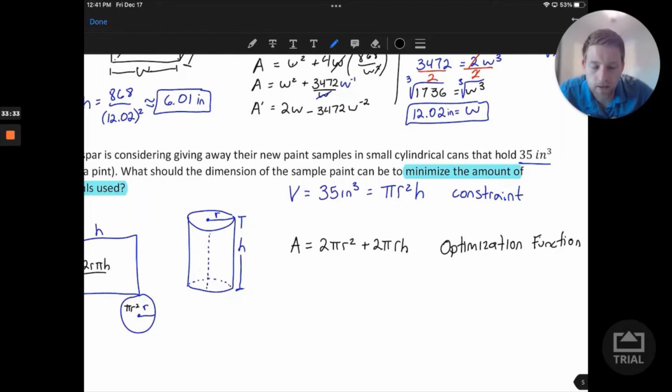To do that, I think we're going to use another substitution technique. It looks like the value that we could probably eliminate in the area equation is h. So I'm going to use that constraint to solve for h to be able to substitute. Just looking at this, I think I can divide both sides of this equation by pi r squared.